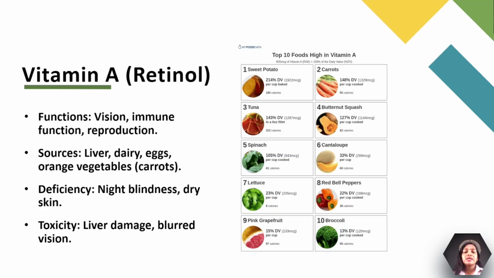In this picture you can see the different foods from which vitamin A can be obtained, like sweet potatoes, carrots, tuna, butternut squash, spinach, cantaloupe, lettuce, red bell peppers, pink grapefruit, and broccoli is a main source. These food products contain a high amount of vitamin A.